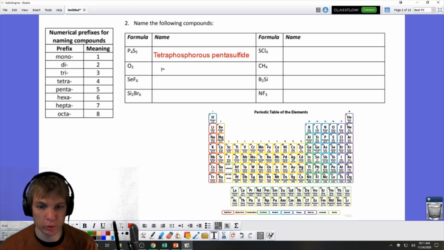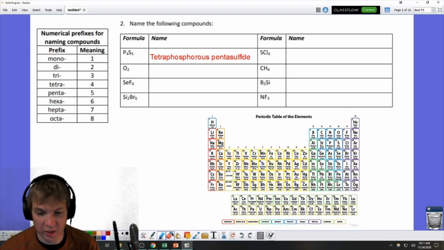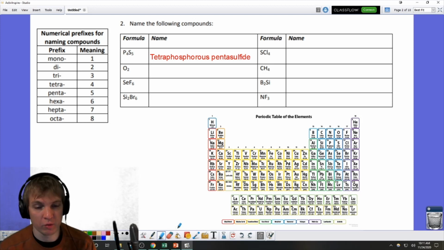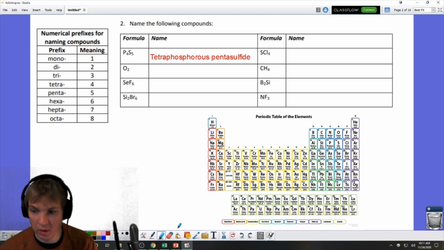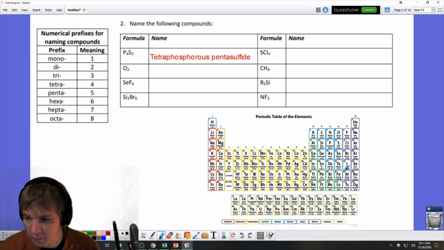We're going to go down the list now. So we have O2. Now O2 by itself is just oxygen. And the reason why I know that is because it is one of those diatomic elements. Remember, a diatomic element is an element that exists by itself in a pair, so it's always going to be paired up with another one. Just as a review, which elements are going to be the diatomic ones, I'm going to highlight them for you. So it's nitrogen, oxygen, fluorine, these ones, and then these ones right here.